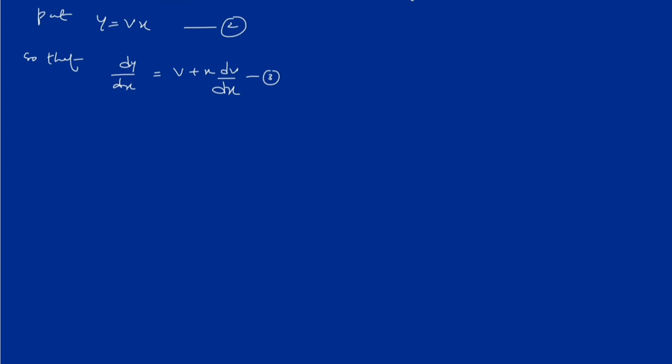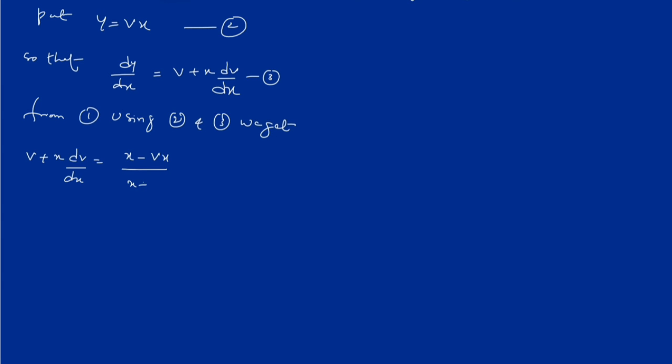From 1, using 2 and 3, we get v plus x dv by dx, substituting dy by dx in equation 1, which equals x minus vx upon x plus vx.